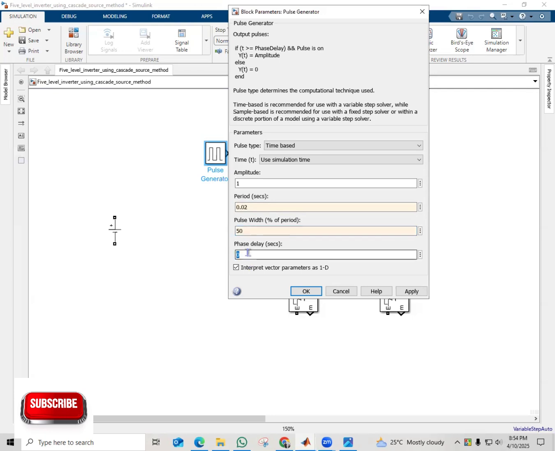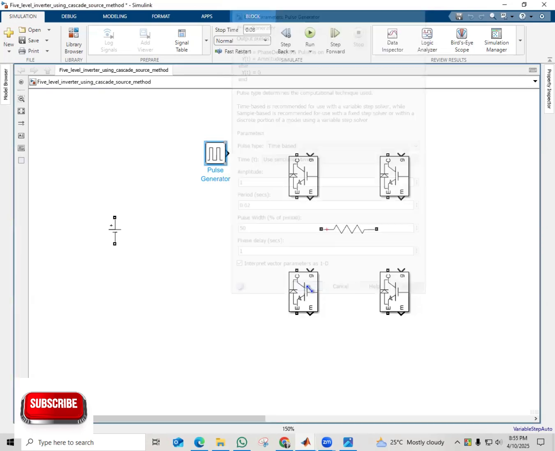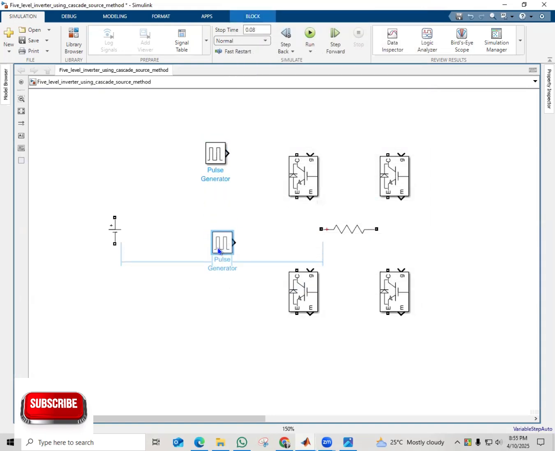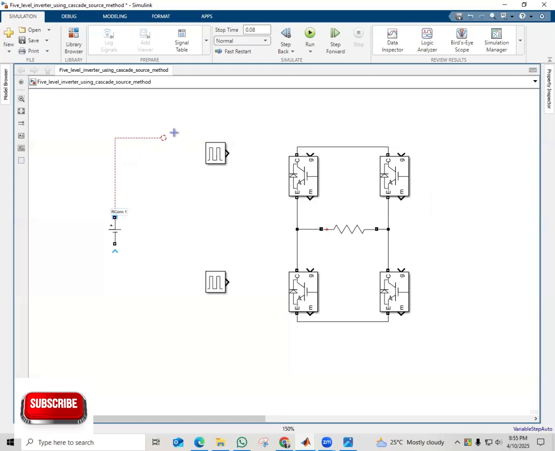Phase delay from 1, and I also need a second pulse generator to activate the other two IGBTs. Now I am connecting all of them, and I am connecting the voltage source also, that will be passed through the resistance.